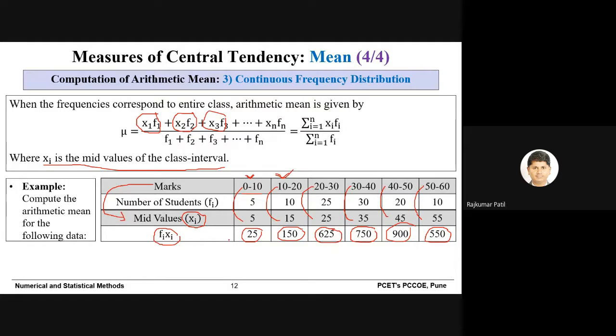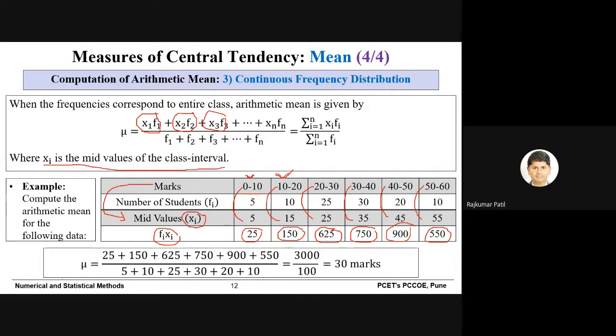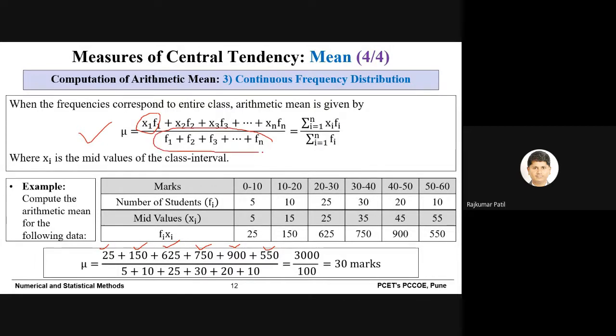Again, once you get all these values, you need to put all these values in this particular equation. So x1 f1 is 25, x2 f2 is 150. Similarly put all the values, divided by the sum of all the frequencies.